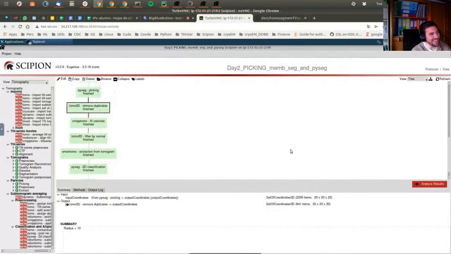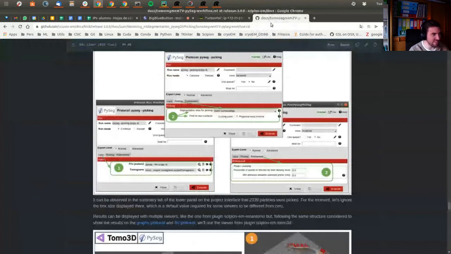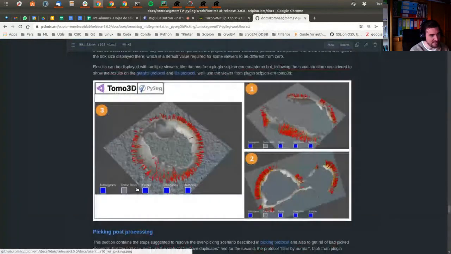Again, we can have a fancy representation with our fancy 3D viewer of the picking, which is taking long to render. It's quite similar to the one shown by Antonio.